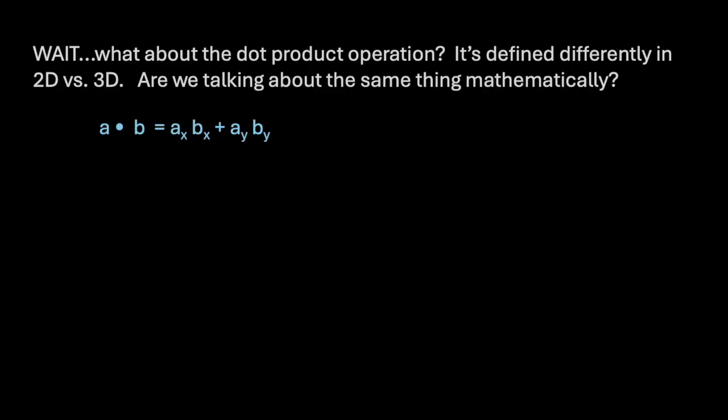So this is our definition of the 2D vector dot product: multiply the x's, multiply the y's, and then add the result. And this is it in 3D. So we've got this additional multiplication where the z coordinates get multiplied and then added.